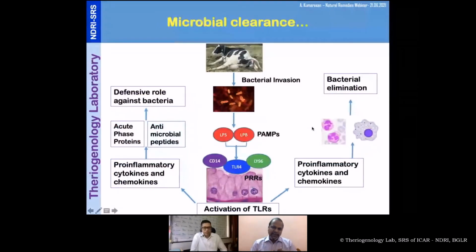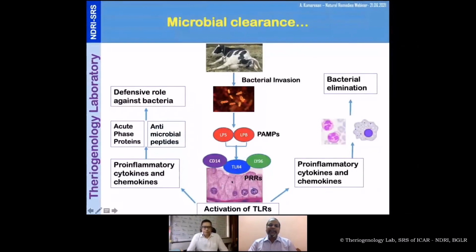This is the normal phenomenon, mainly for the students. Once bacterial invasion takes place, there are some pathogen associated molecular patterns. I'm taking E. coli as an example here. LPS is the PAMP for this particular bacteria. LPS, lipopolysaccharide, and its binding protein combine together.